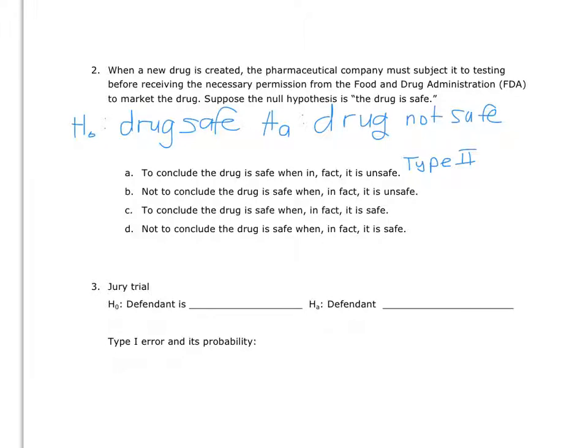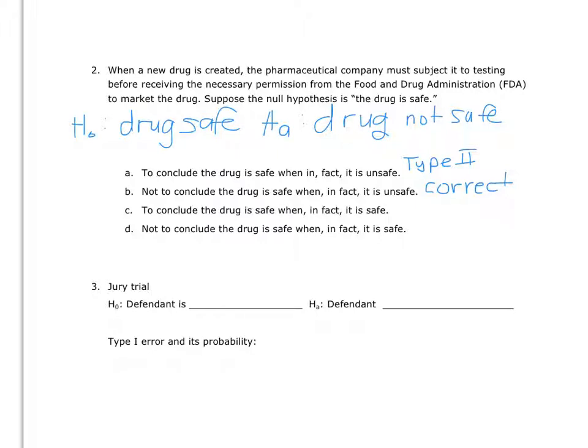Part B, not to conclude the drug is safe when in fact it is unsafe. Not to conclude the drug is safe is rejecting the null hypothesis, and that's actually agreeing with what it actually is. It is unsafe. So there, that is a correct outcome. Part C, to conclude the drug is safe when in fact it is safe.